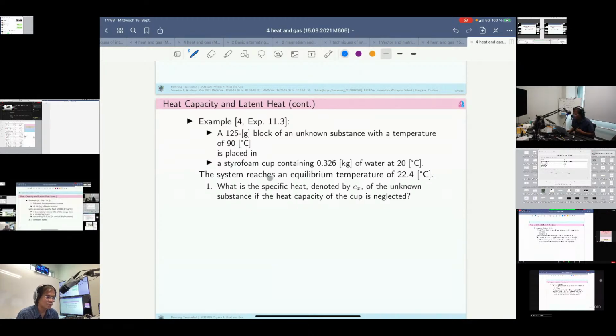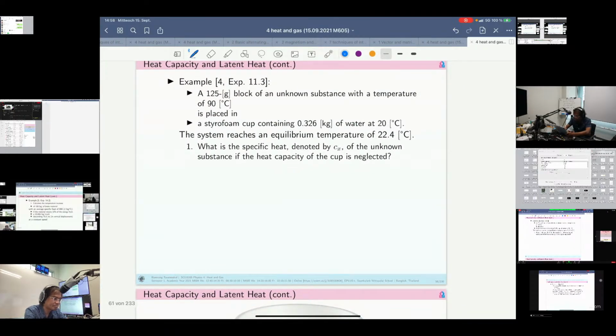The system reaches an equilibrium temperature of 22.4. Yeah, we have two states. In state one, the initial state, you have a cup of styrofoam and a piece of unknown substance, and this one starts at 90 degrees Celsius, and this one starts from 20 degrees Celsius.